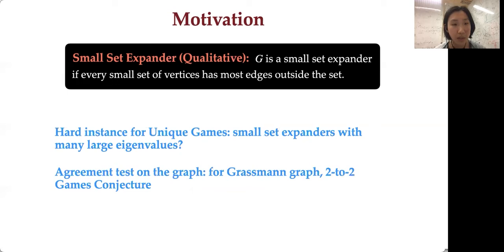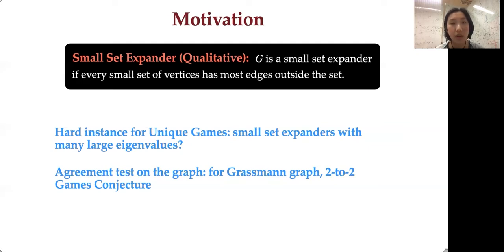And also, in some recent work showing that the 2-2 games conjecture is true, the small set expander property is used in analyzing certain agreement tests on the graph. In this case, specifically for the Grassmann graph, satisfying some soundness condition. So essentially, this is helpful in proving agreement tests have soundness on graphs.